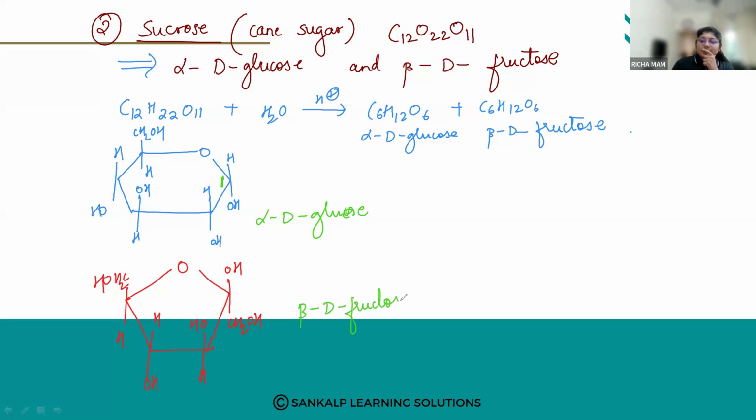So the link is present between these two. So OH and this OH, what you will get? You will get O like this. So this is the structure.